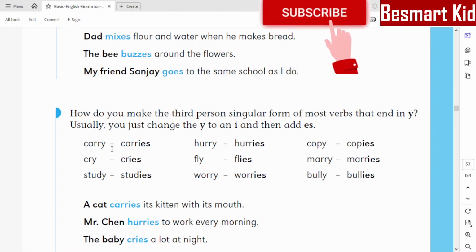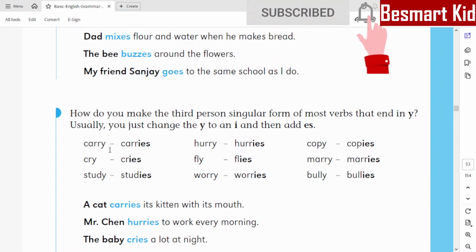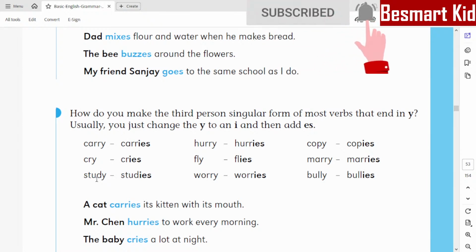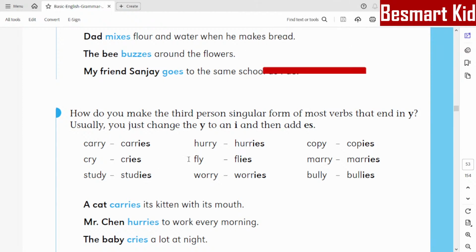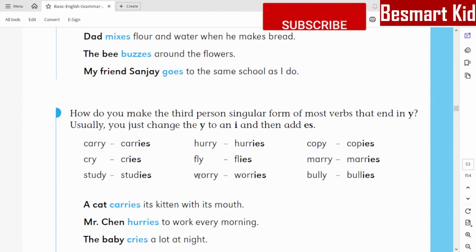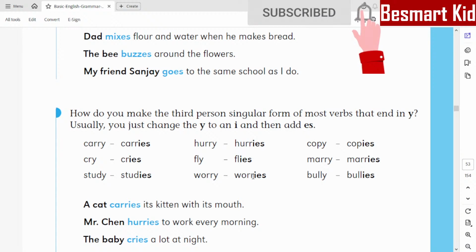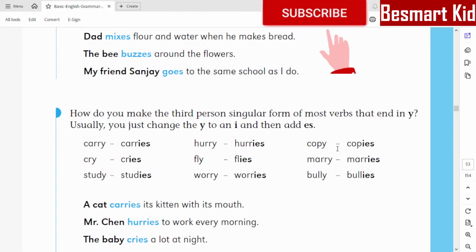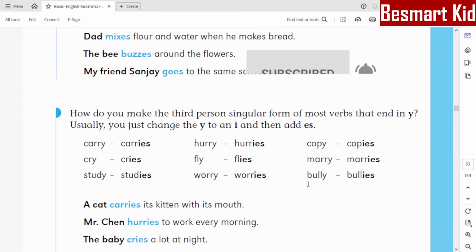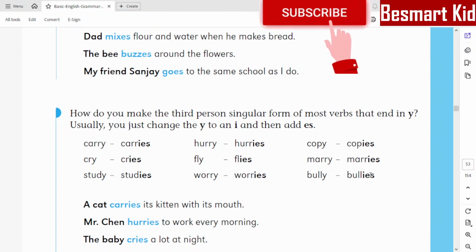Here you have carry, carries, cry, cries, study, studies, hurry, hurries, lie, lies, worry, worries, copy, copies, marry, marries, bully, bullies.